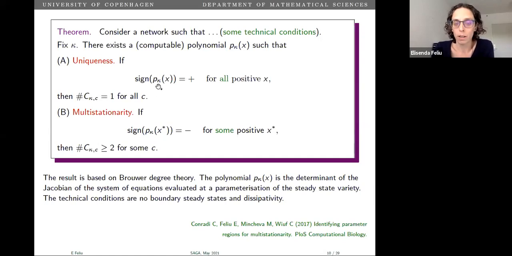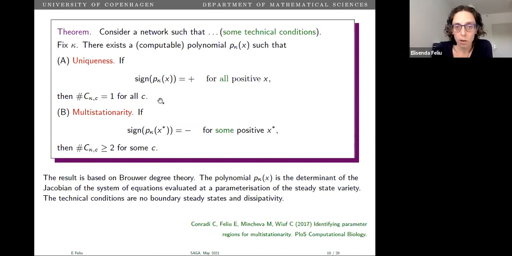If that polynomial is positive whenever I evaluate it at a positive x, then my set C kappa C will have one element for any C, right? Kappa is fixed. If that's not true, if I can find an x such that the polynomial is negative at a positive value of x, then I'm guaranteed that I will be able to find a C such that this set has at least 2 elements. That is, this kappa enables multistationarity.